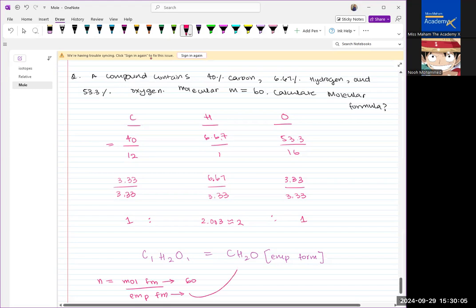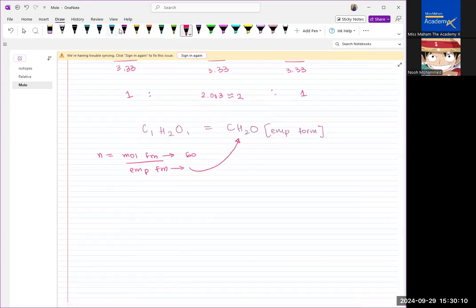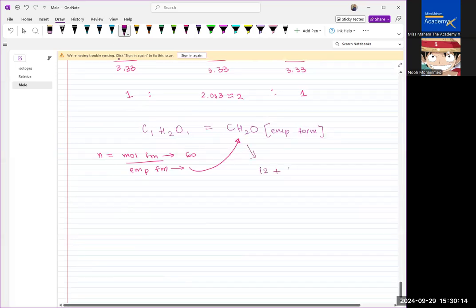Empirical formula mass we will find by adding the ARs of each of these elements. So carbon 12, hydrogen is 1 times 2, oxygen is 16. The total turns out to be 12 plus 2 plus 16, which is 30. So let's input it into n.